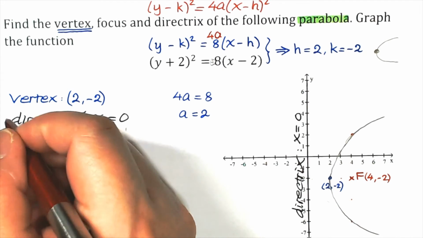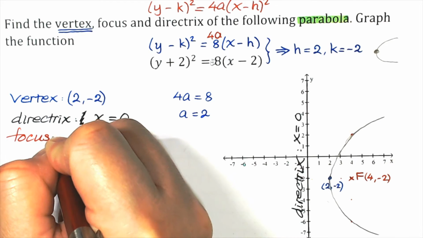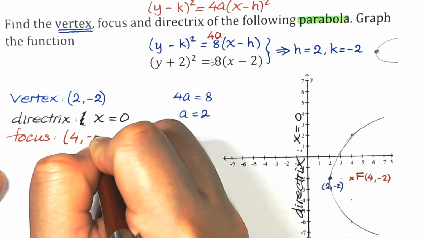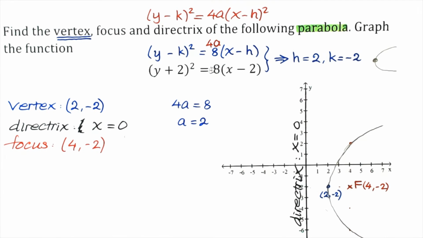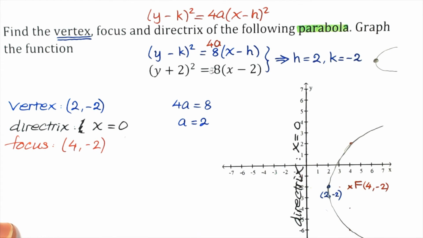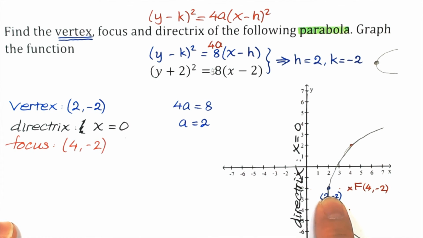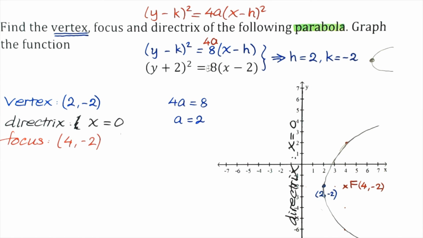So we do have the focus at 4 and negative 2. That's what we have for this problem. It would help if you actually try to draw this as we go along. Again, from the vertex, know where the parabola opens: this direction for the focus, the opposite direction for the directrix.